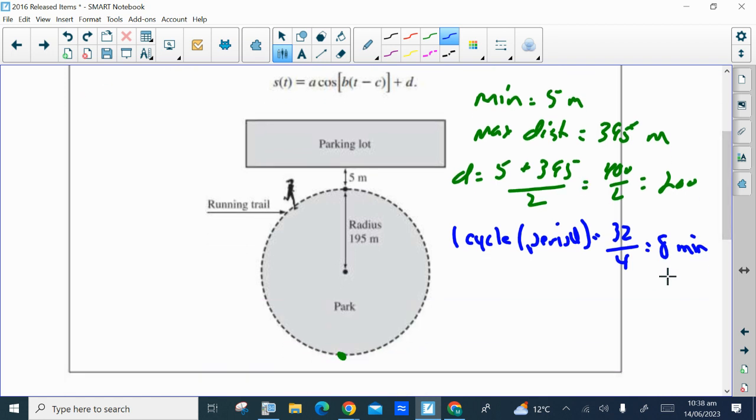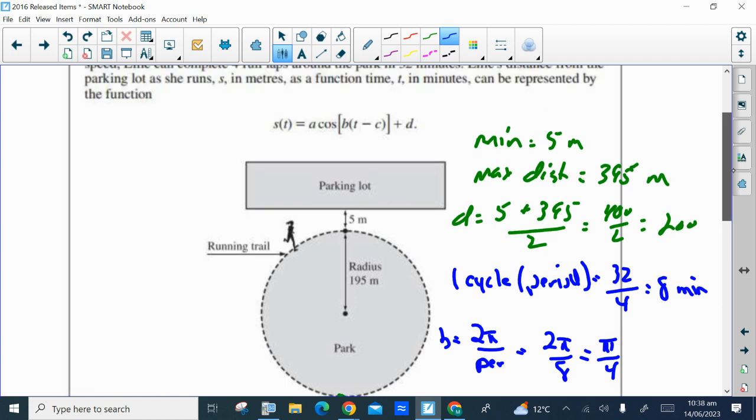That is our period. And remember, our B value is found by going 2 pi over the period. So 2 pi over 8 will be pi on 4. So that is our B value, and that's why C is the correct answer.